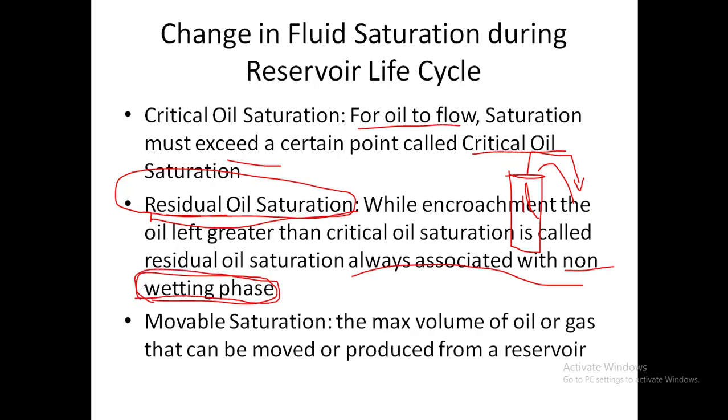So movable saturation, as I explained in critical saturation, is the volume of oil that you can produce at maximum level. Okay, so that is considered to be the movable saturation. Once the oil reaches the critical saturation or the connate water saturation, then you can't produce the oil.